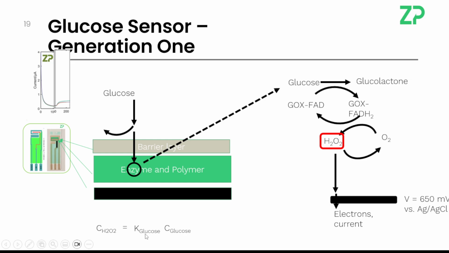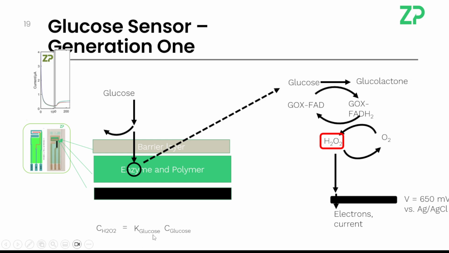If K is equal to 0.1, and I've got a glucose concentration of 5 millimolar, then I would have a concentration of 0.5 millimolar of hydrogen peroxide. If K has a value of 1, for example, then if I had 5 millimolar of glucose, I've got 5 millimolar of hydrogen peroxide.